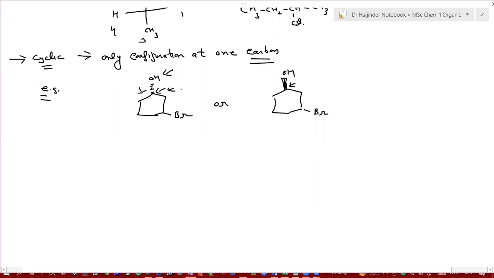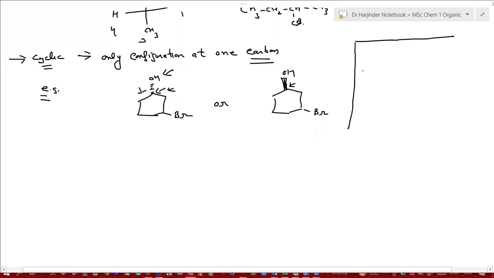Now in these kinds of cases, when the configuration or position of only one group is shown, and it's mostly in case of cyclic compounds, you have to follow another formula. And what is that formula?